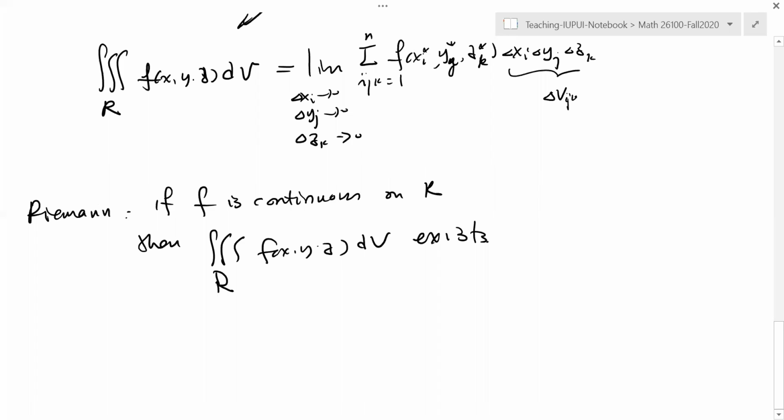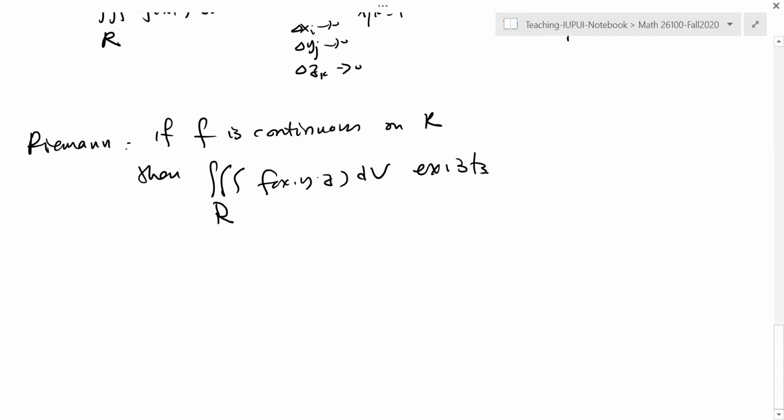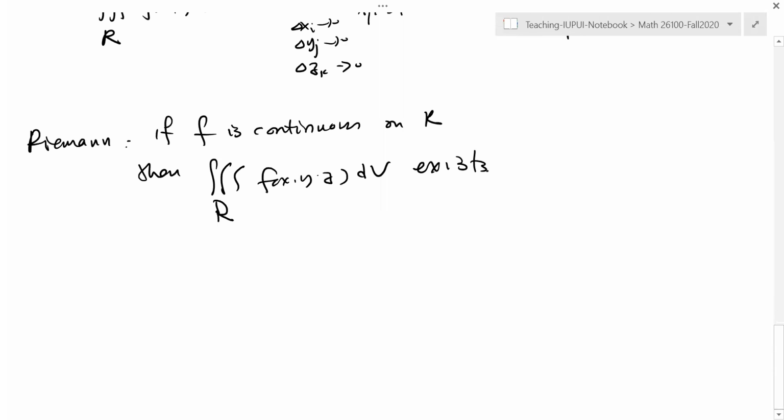Now if we have an irregular solid, not just the cube, how do we find the triple integral?